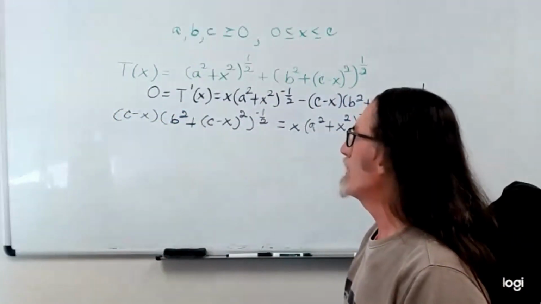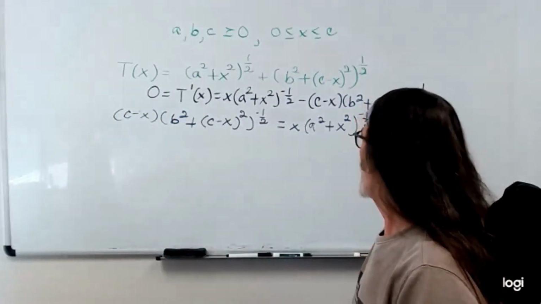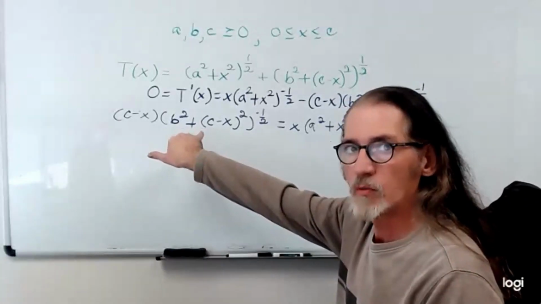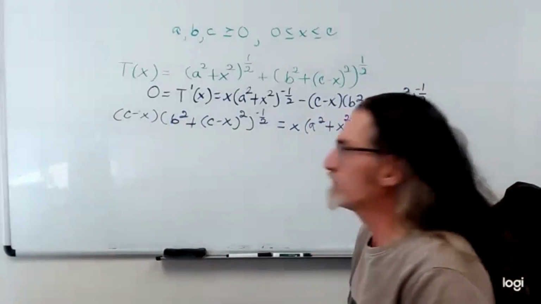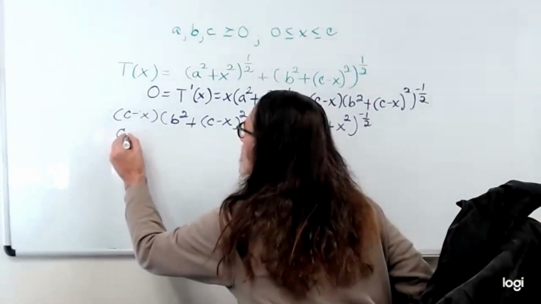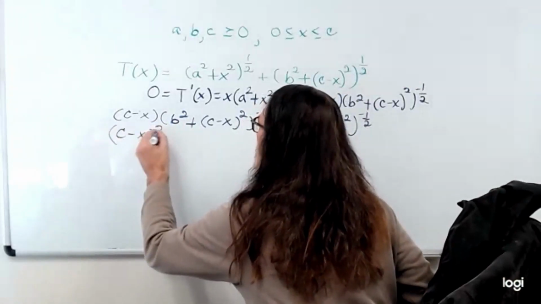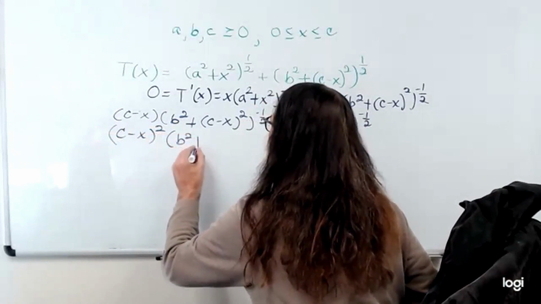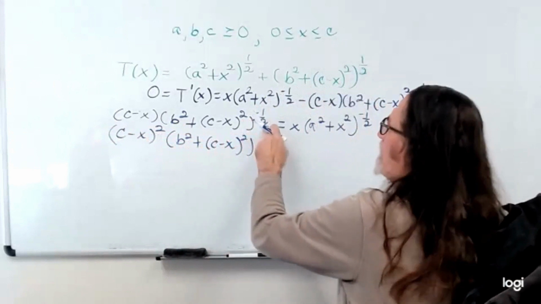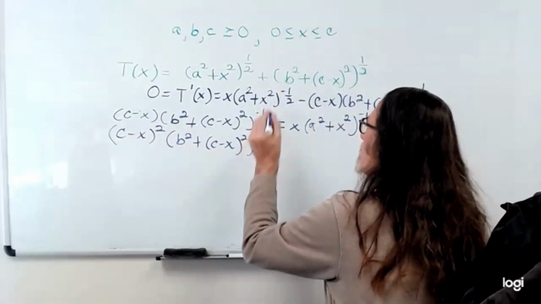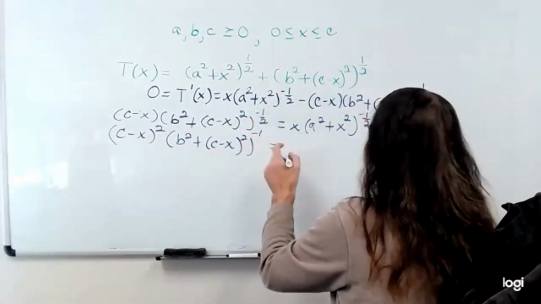Let's square both sides, and as part of that, for lack of a better word, distribute the squaring to the two factors here and the two factors here. Squaring of this factor will get rid of that denominator in the exponents.